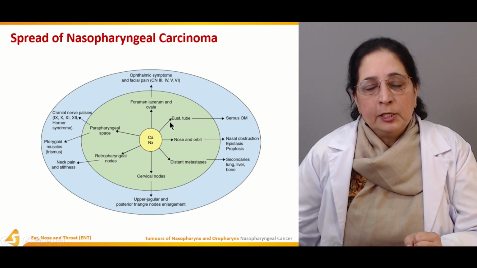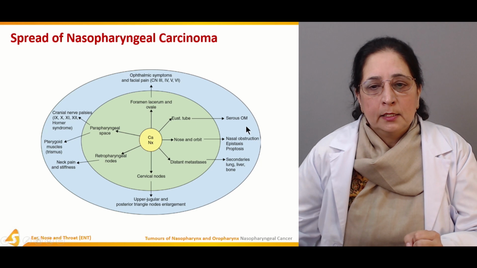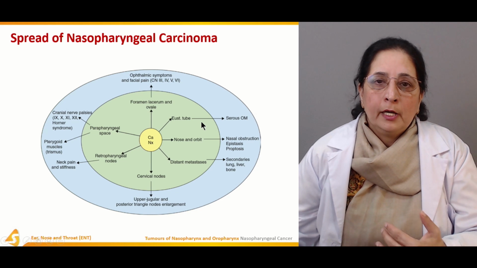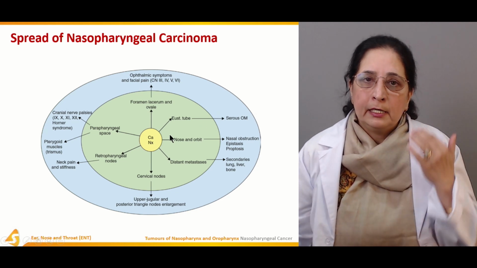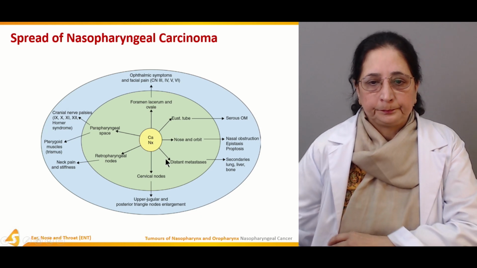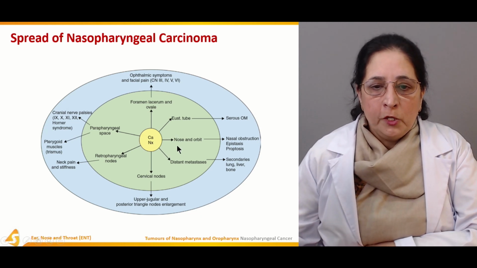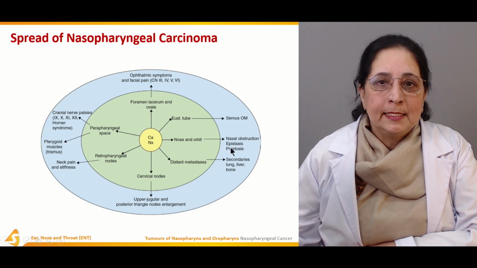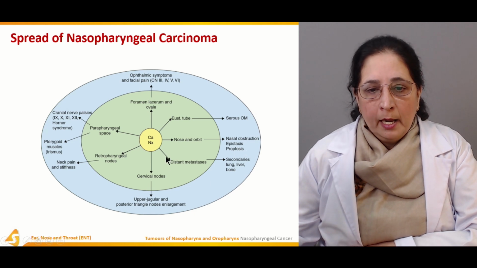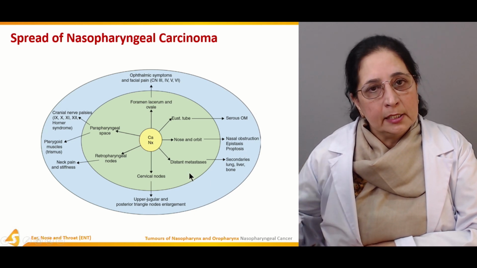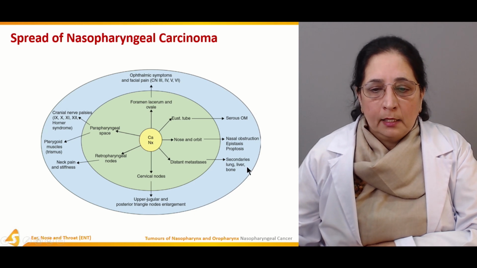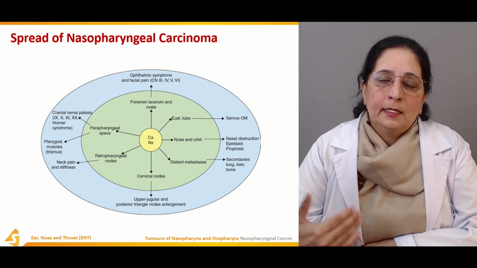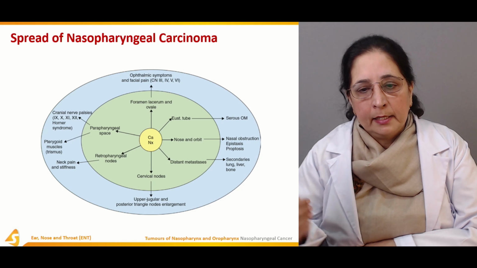If it spreads to the eustachian tube, there is serous otitis media. There is inflammation or infection of the middle ear if it affects the eustachian tube. If it spreads to the nose and the orbit, it causes nasal obstruction, epistaxis, and proptosis. If it metastasizes to distant sites, then we have secondaries in the lung, liver, and bone.